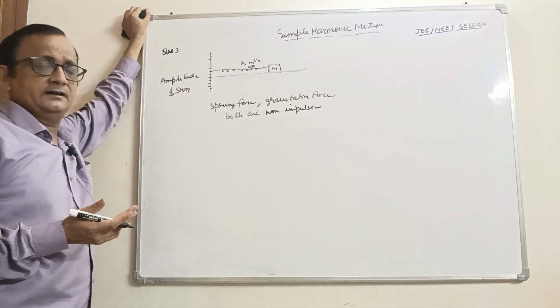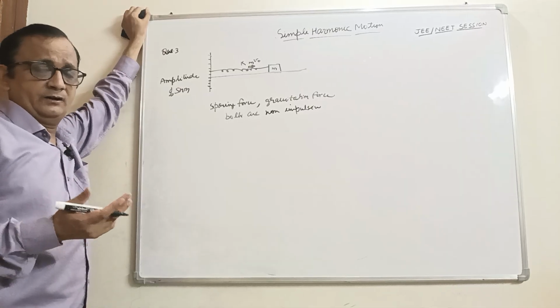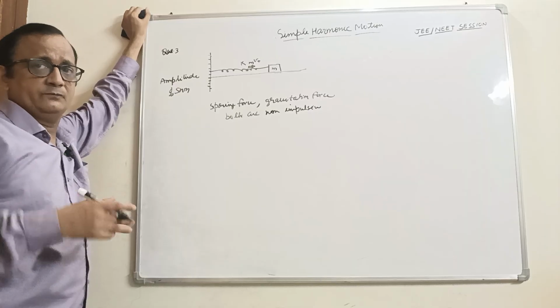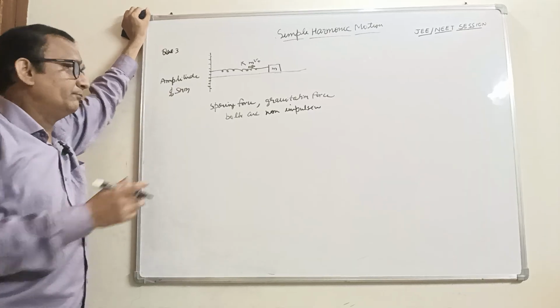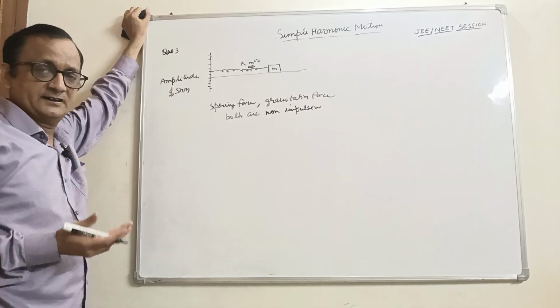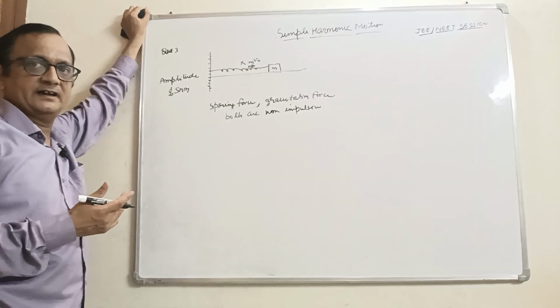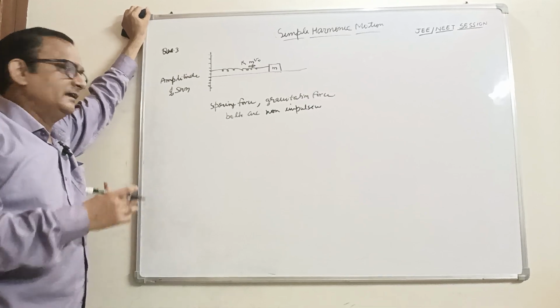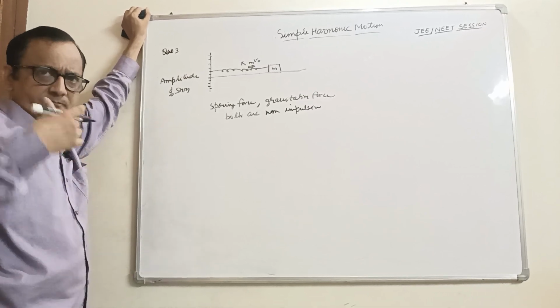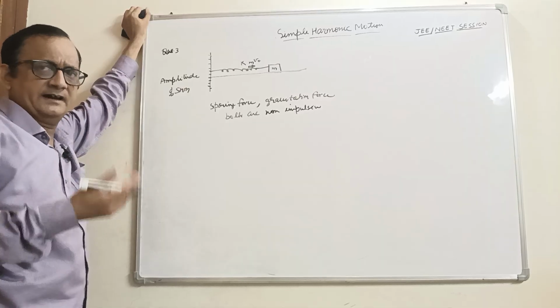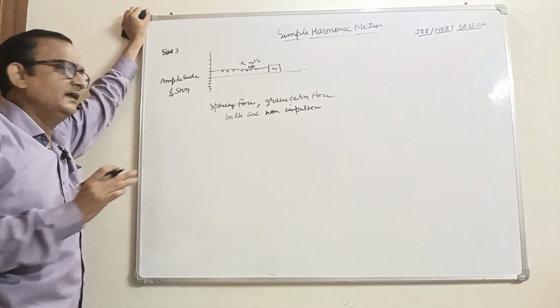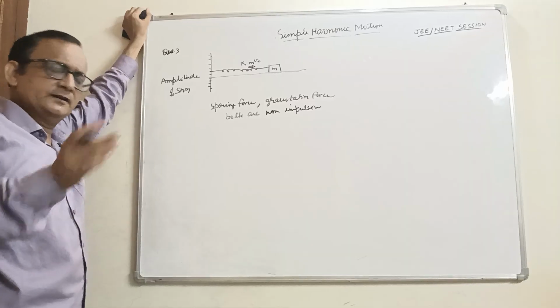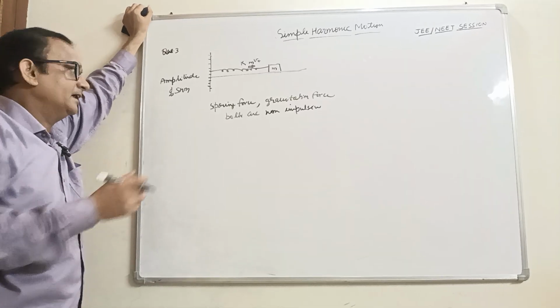Impulse is equal to the change in linear momentum, we know. Here the impulsive force is very large for a very small, fractional time, like hammering or a vehicle accident.